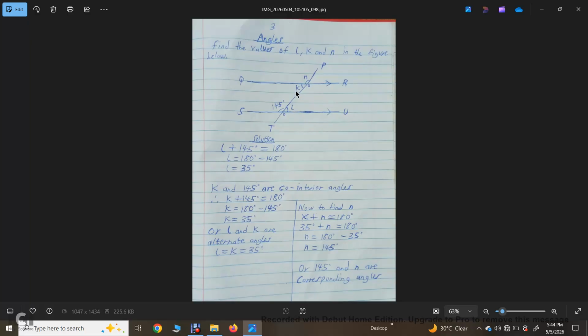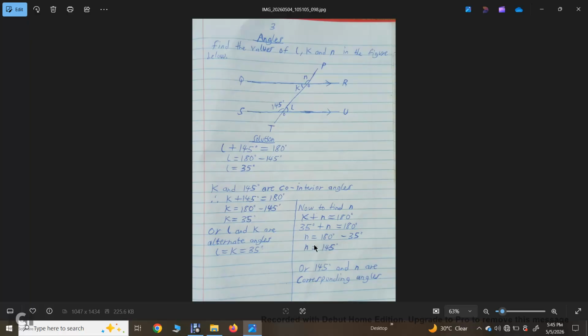It means their values are the same. So L and K are alternate angles, and L is equal to K is equal to 35 degrees.